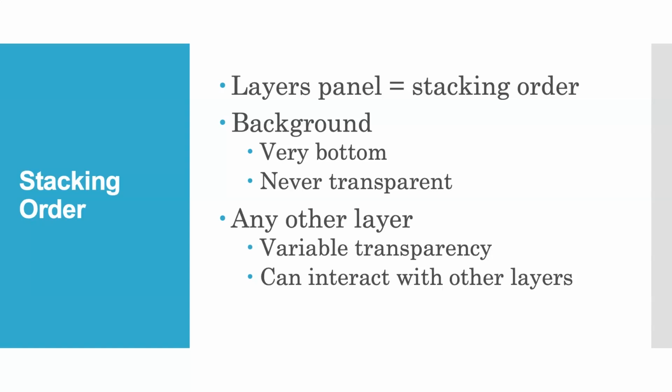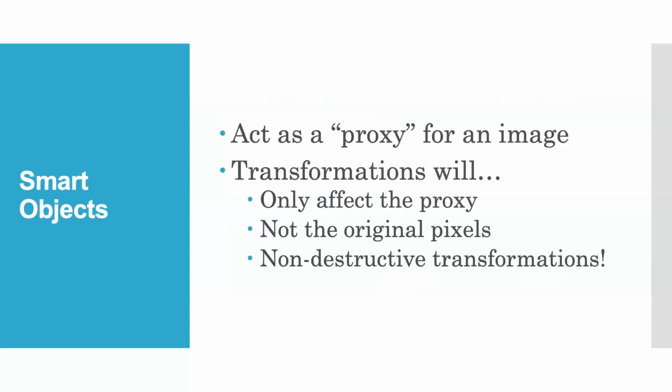However, you don't actually have to have a background layer, and I'll show you how to get rid of that if you want to. Any other layer can have variable transparency, and also the pixels of one layer can interact with others in magical ways. We'll find out about different blending modes in the next few weeks. And we also learned about smart objects. These act as a proxy for the image.